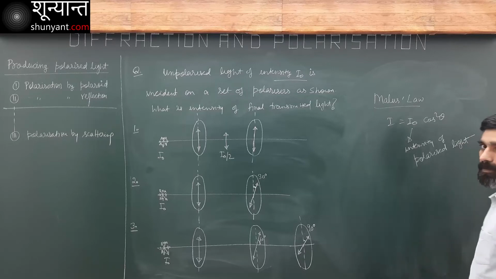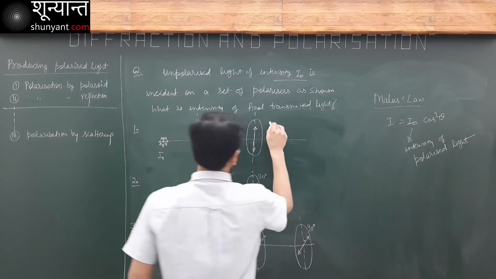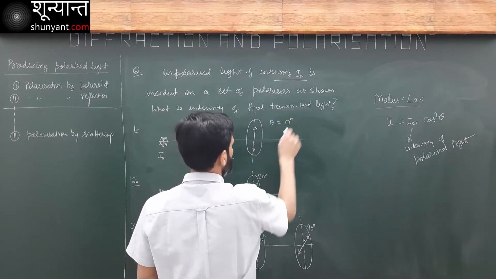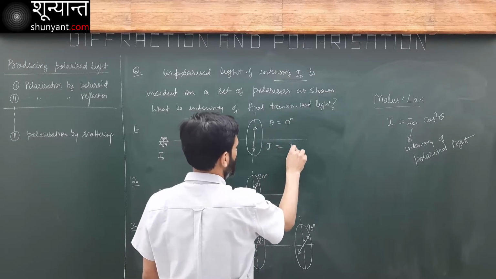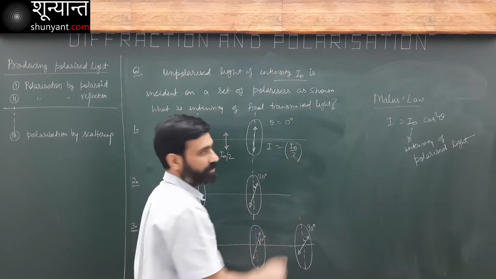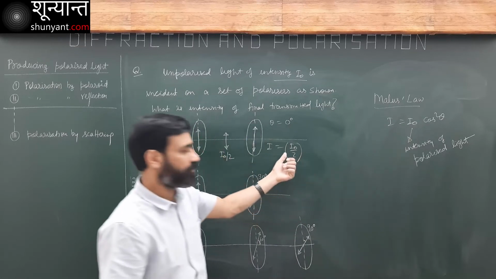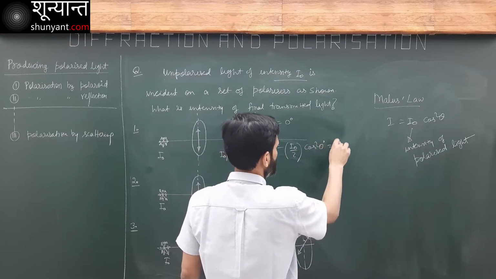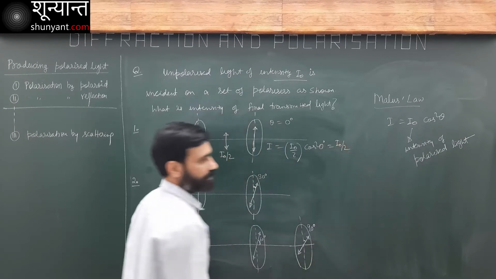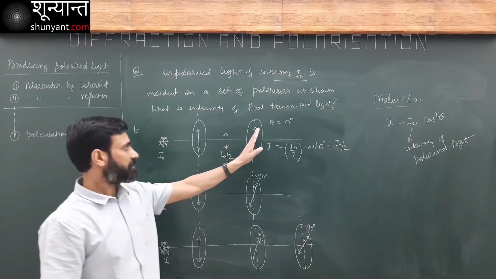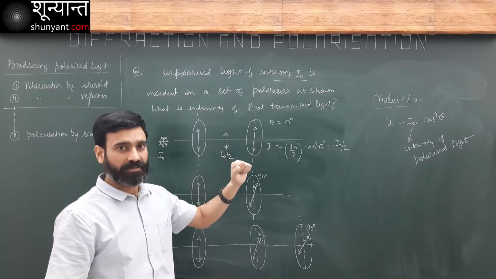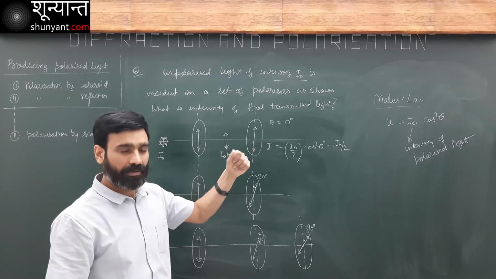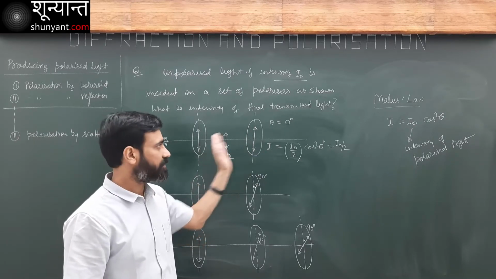So what will be the angle here? Theta will be 0 degree. So I will be I naught over 2 times cos square 0 degree, which becomes I naught over 2. The transmission axis and the plane of polarization are in the same direction, so there is no change. All of the light is transmitted.